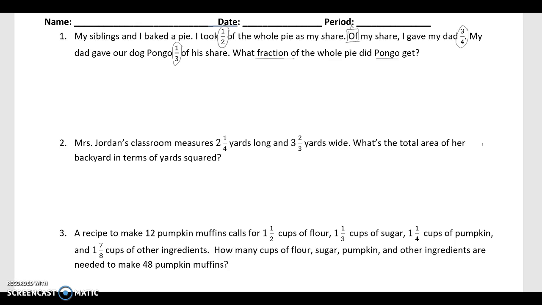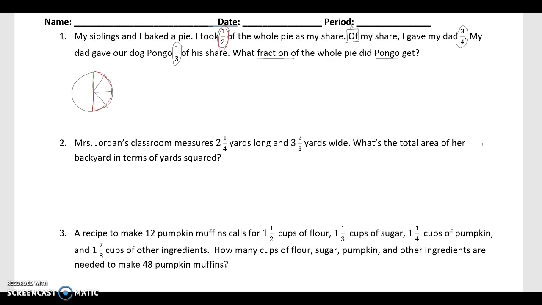Okay. So I have this pie and I took half of it. And then if I cut that half into 4, I gave my dad 3/4. So let's see, I took half, that's this half, right?